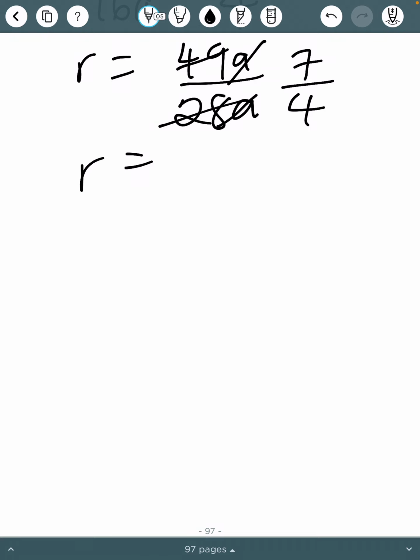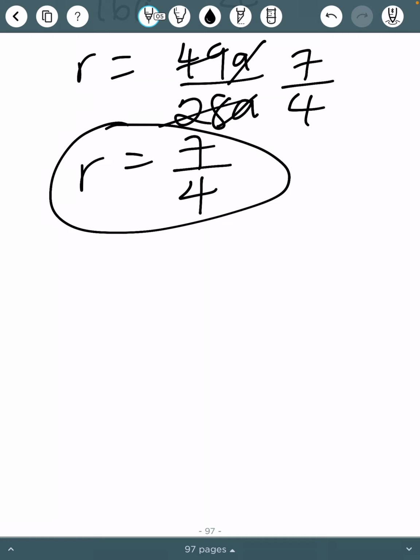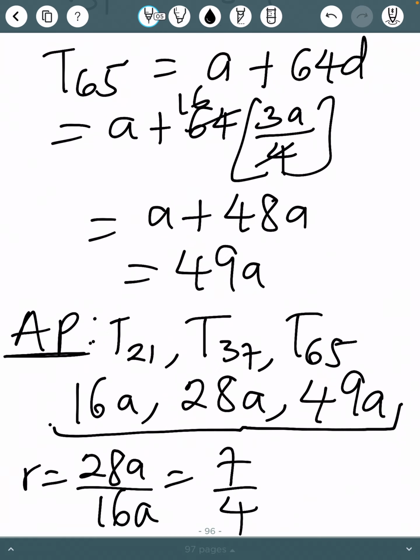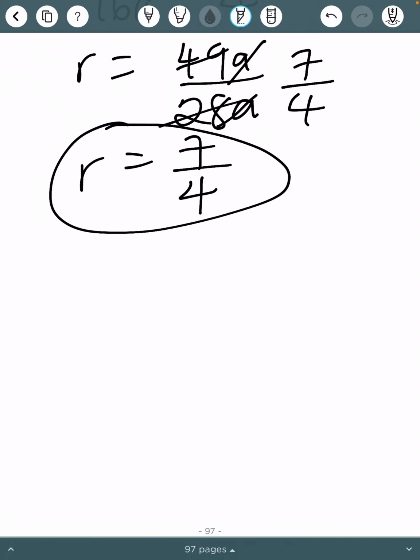So this means it is true that the 21st, 37th, and 65th terms of my AP form consecutive terms of a GP whose common ratio is 7 over 4, as I have shown you.